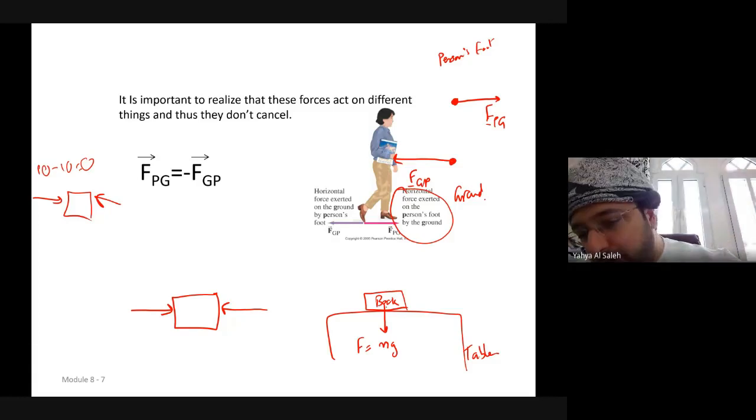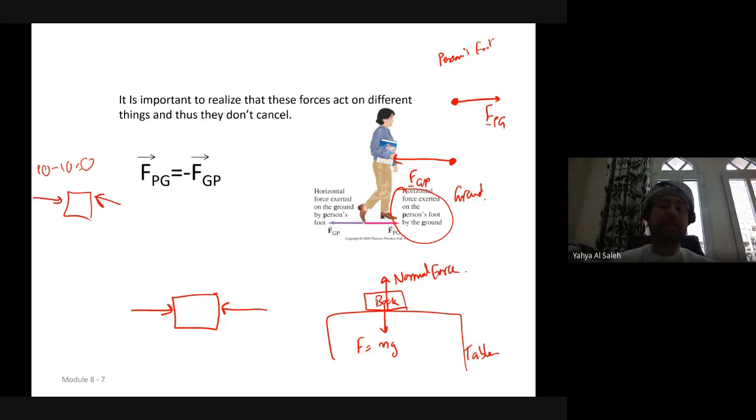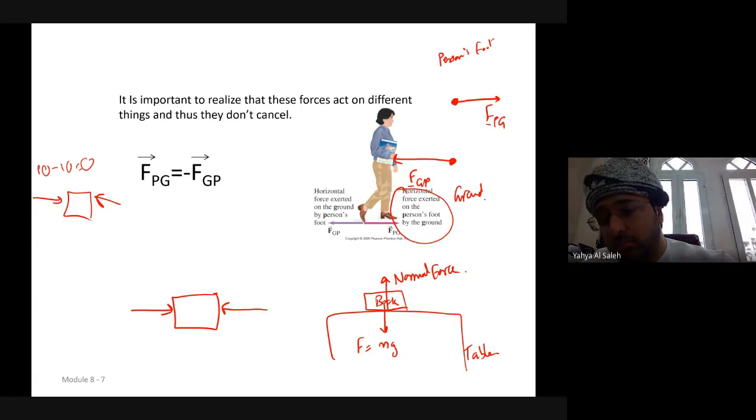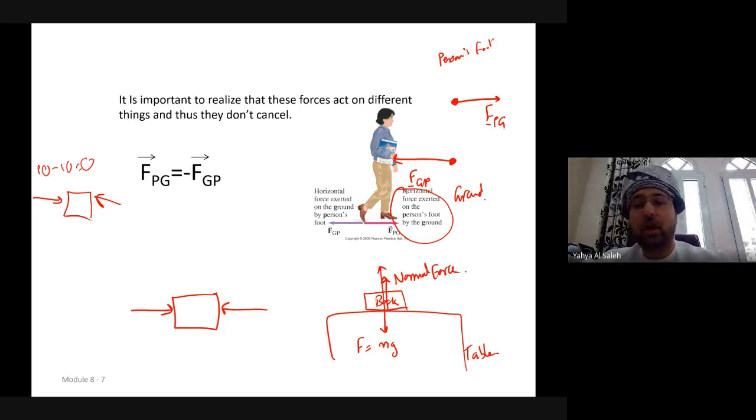And there is another force going up, which we will call the normal force, which I will explain in a little bit. So not friction. And these two forces are opposite to each other. But also, you have a force, which we call the third pair force of Newton, which is exactly equal to mg, but it is of the table acting on the block.